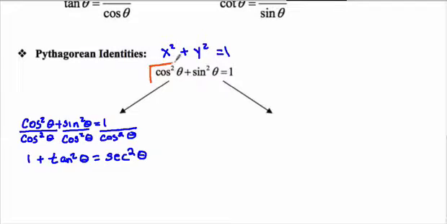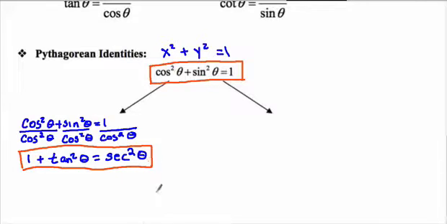So here's the first one I gave you. Here is the second Pythagorean identity. And then let's come up with another one here. So this time over here we divided through by cosine. Over here I'm going to go ahead and divide through by sine.